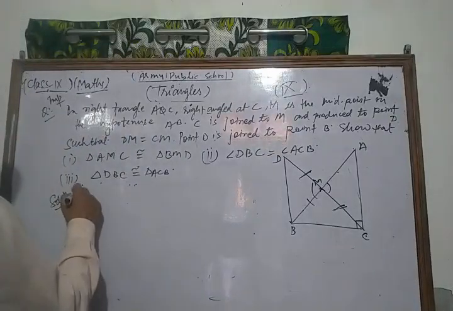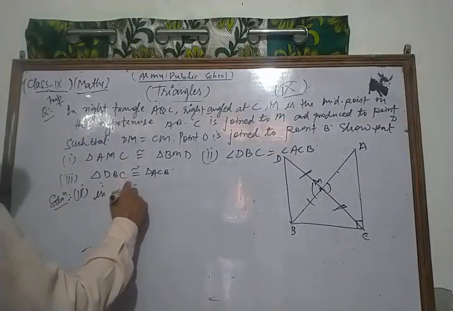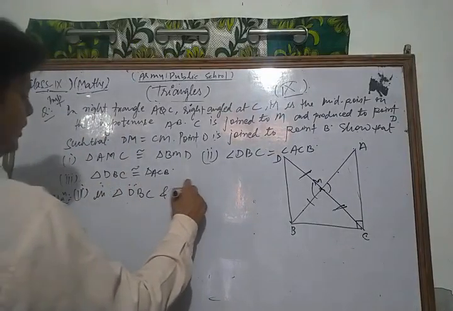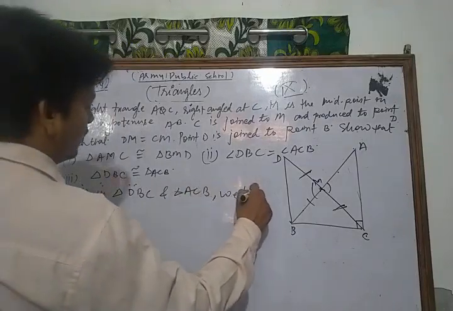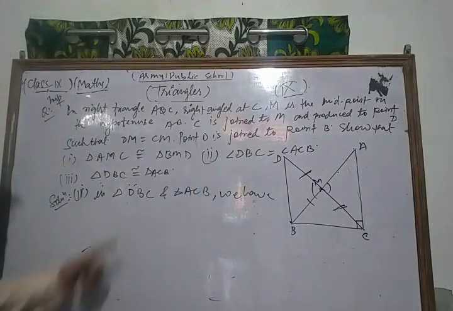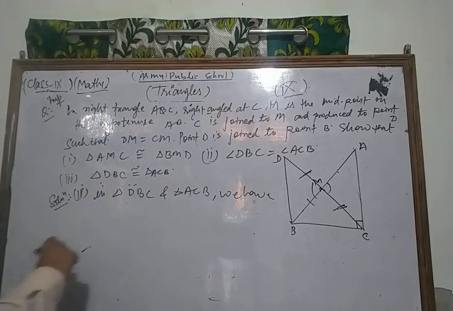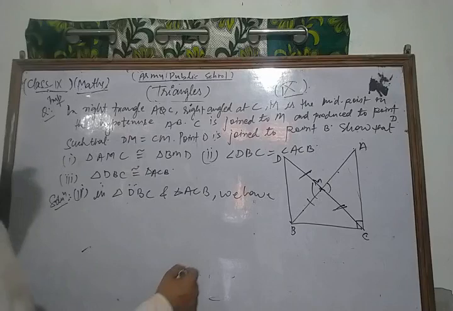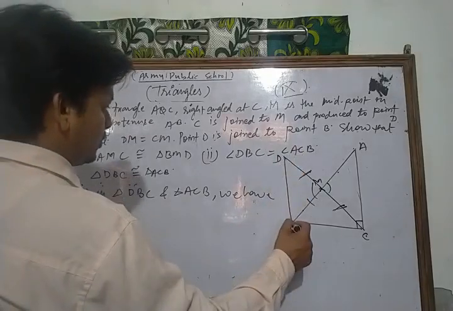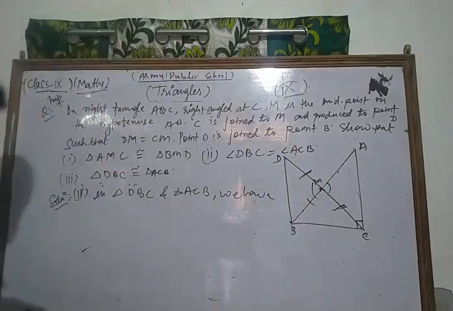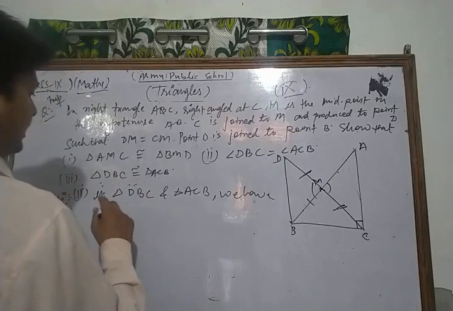In triangle DBC and triangle ACB we have, first of all, to show that they are congruent to each other. In both the triangles, if we take DB, DB is equal to what? AC.